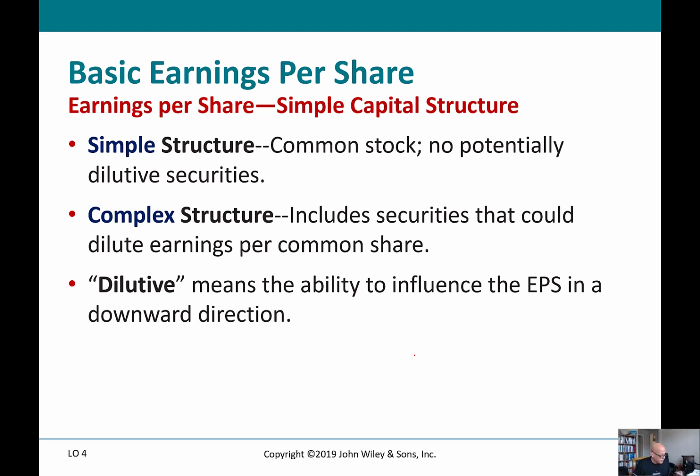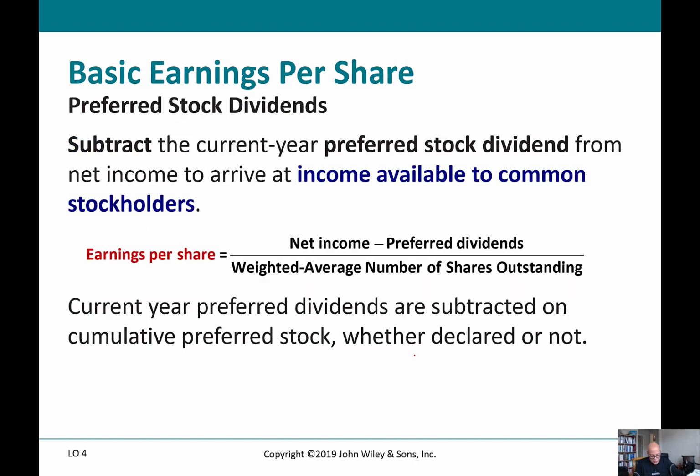But before we get into the dilutive, the more complex structure that could have dilutive shares, let's just take a look at our basic, okay? And our basic is going to be our net income. And if we have preferred stock, we would have to subtract any preferred dividends.